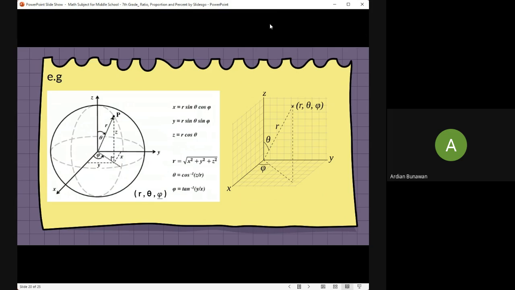In engineering, we will develop polar coordinates further into spherical coordinates and cylindrical coordinates. Spherical coordinates are based on a sphere whose center is the center of the coordinate system, represented using r, theta, and azimuth, where r is the radius from the origin O to P, and theta is the angle between the zenith direction and the line segment OP.